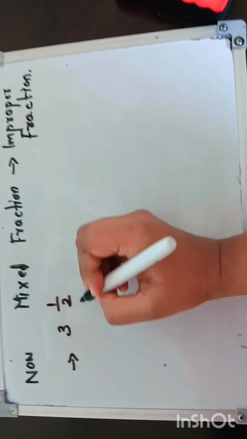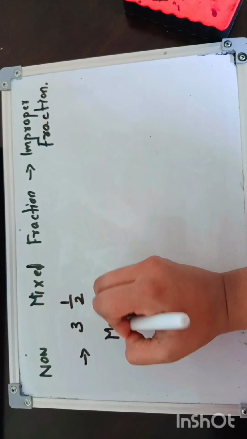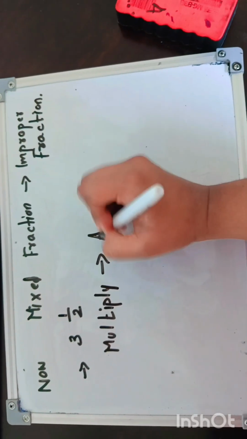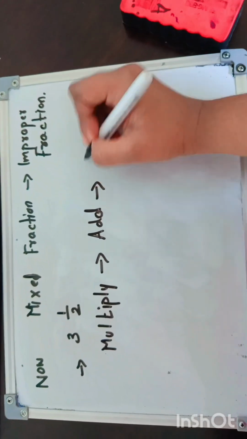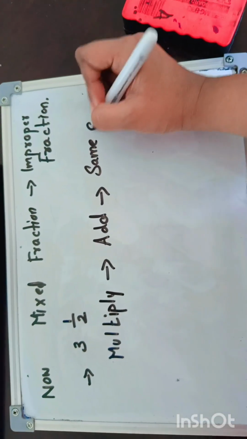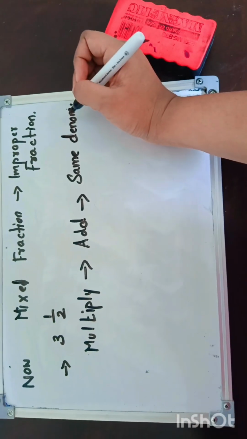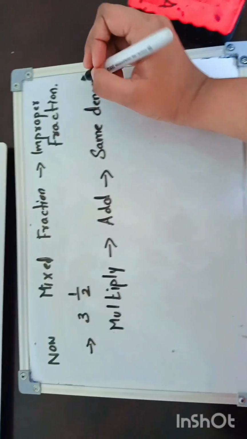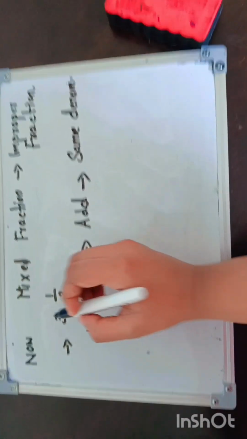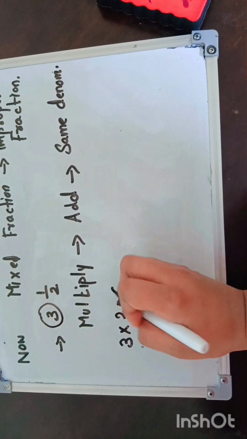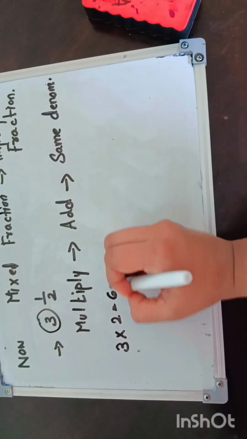The method is very simple. First we multiply, then we add, and we use the same denominator. This is the key rule to remember when you convert a mixed fraction to improper. First you multiply the whole number, which here is 3, with the denominator. So 3 times 2 gives you 6.